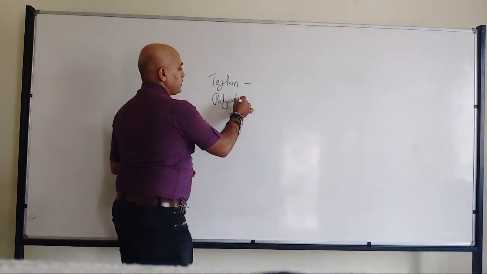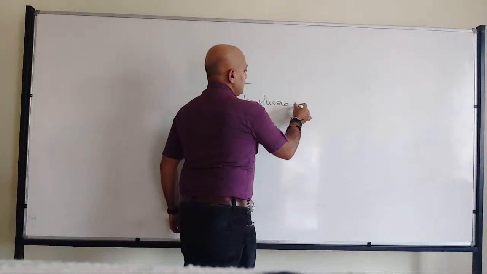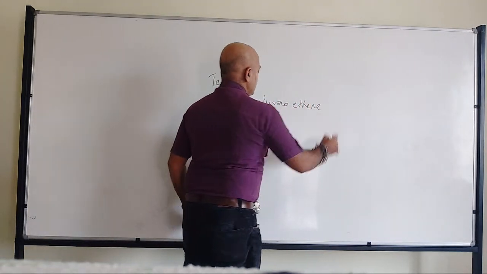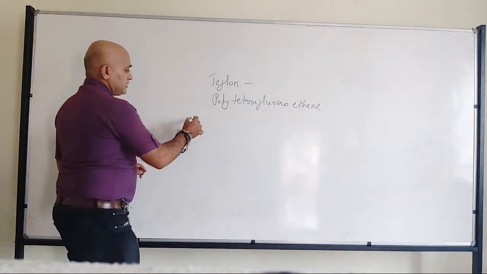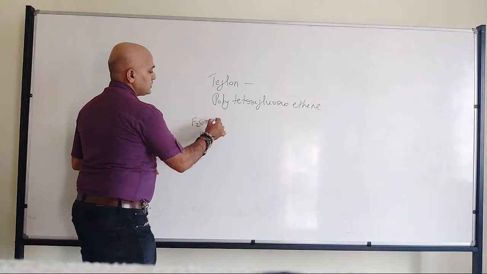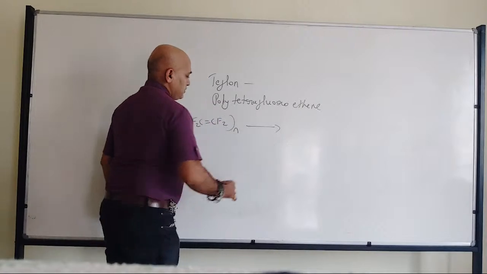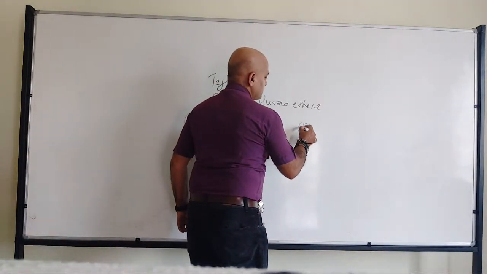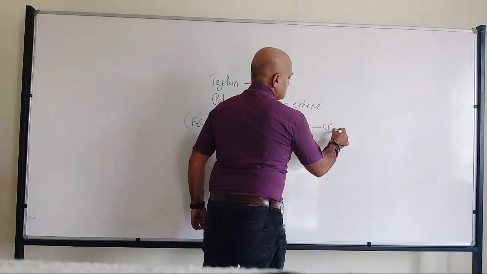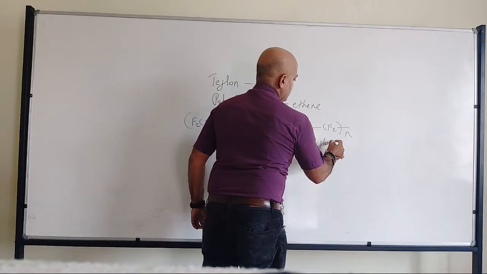Therefore, the monomeric unit should be CF2 double bond CF2, n number. When it gets polymerized, it will become CF2-CF2, n number. That is nothing but Teflon.